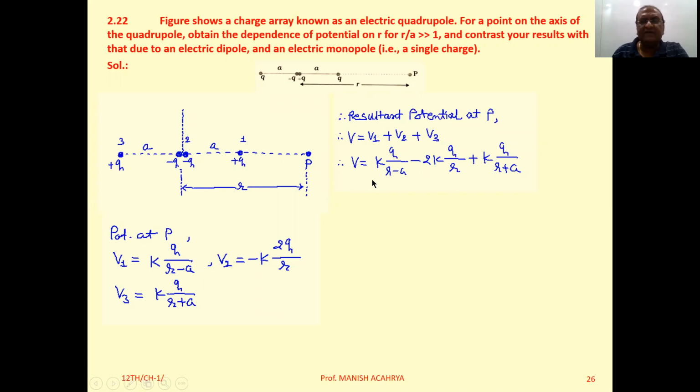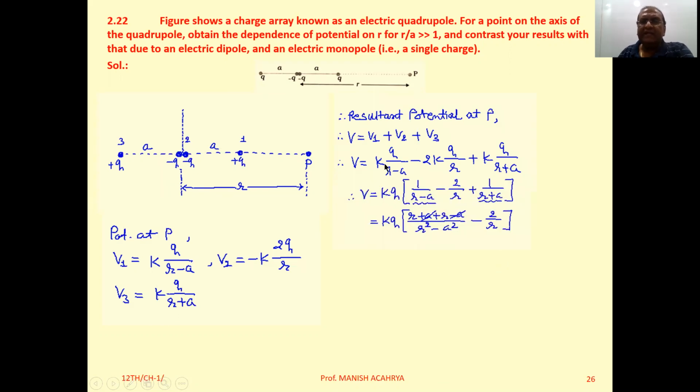So V is equal to kq upon r minus a minus 2kq by r plus kq upon r plus a. Okay. Now take kq common. Therefore, V equals kq into 1 upon r minus a minus 2 by r plus 1 upon r plus a.